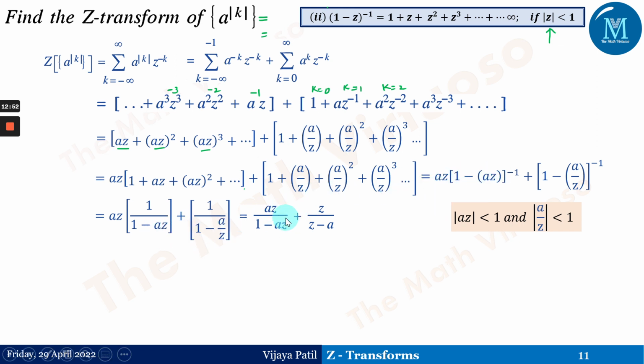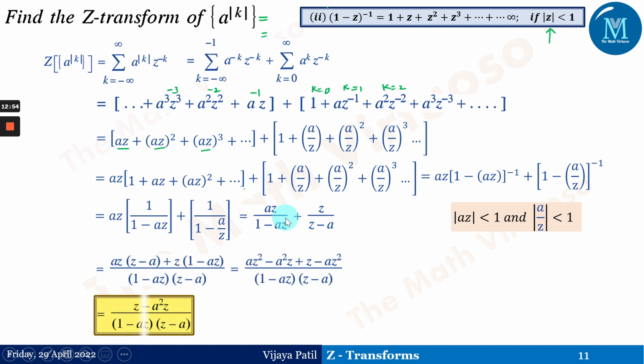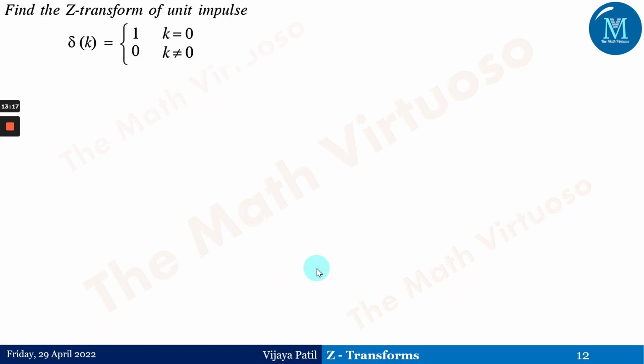If you go on simplifying further, you will get the z transform of the particular function as this, along with this as the ROC. We cannot combine this ROC together because there are different terms, az and a by z, as we did in the last case, 3 is less than mod of z is less than 5. But yes, this can be done as a ROC for this particular z transform.